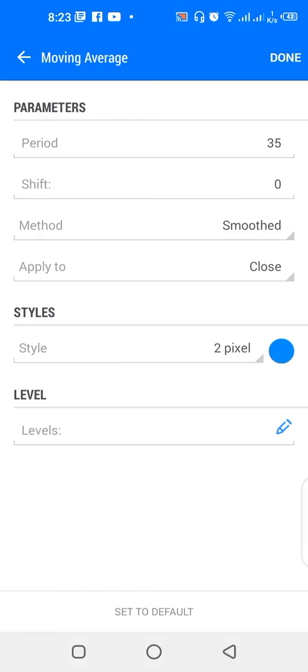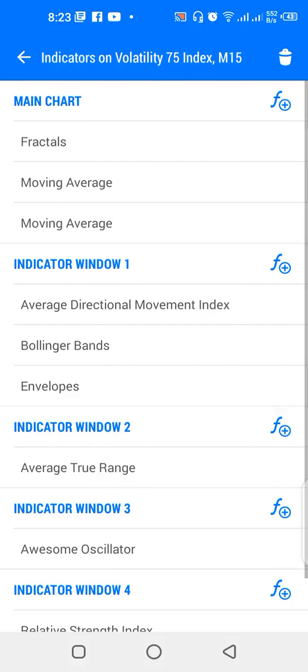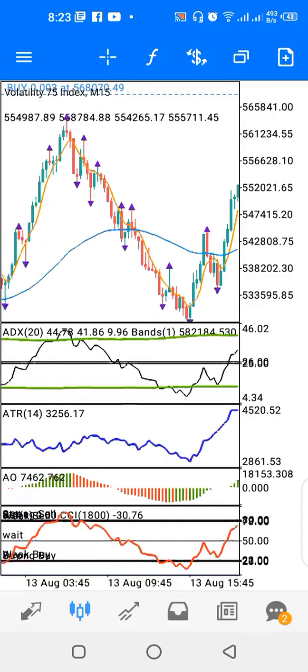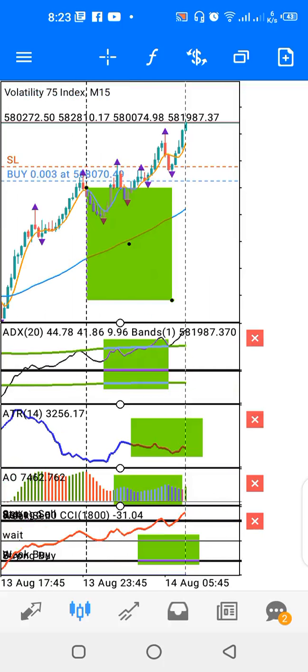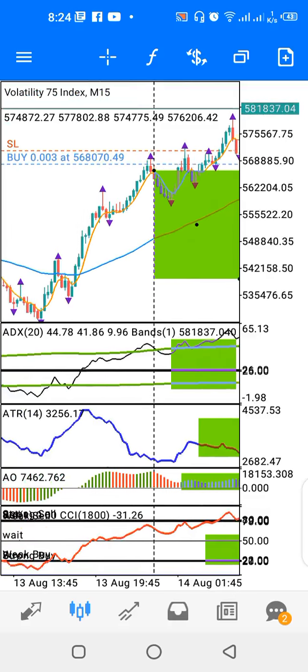Apply to close. And the color is blue. Now, the 5-period and the 35-period crossovers will give you the signal, if it's going to be a buy signal or a sell signal. The crossovers of these two moving averages will give you the signal.